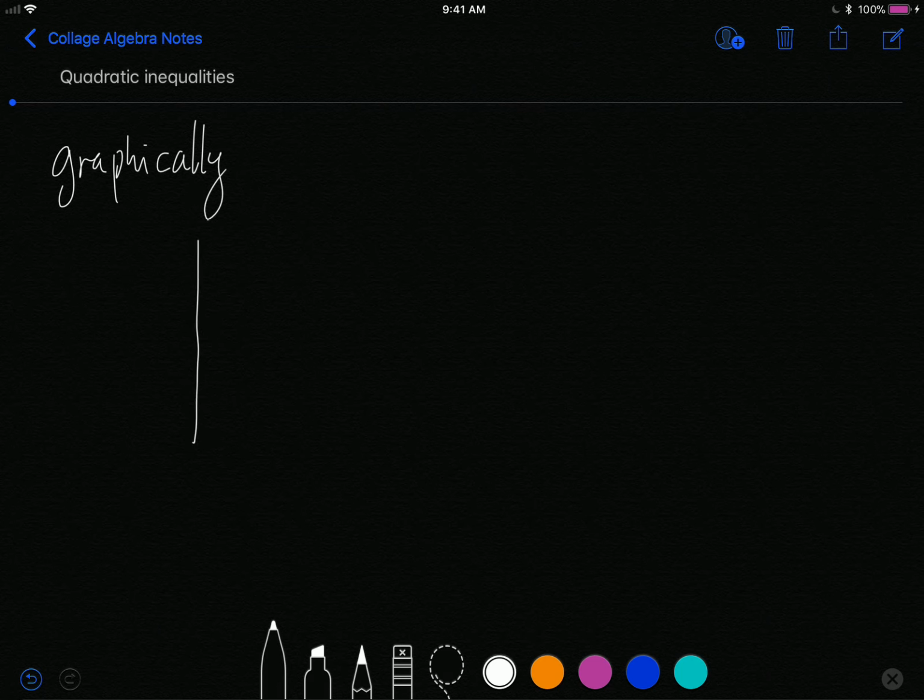So if I go right here, I get my little axes right here, and I have my quadratic function. Remember that all quadratic functions are parabolas, and so they'll either open upwards or downwards. The key points to note about the quadratic, other than the fact that it's opening upwards or downwards, is that you have to find the roots of the quadratic, or the zeros, or the x-intercepts.